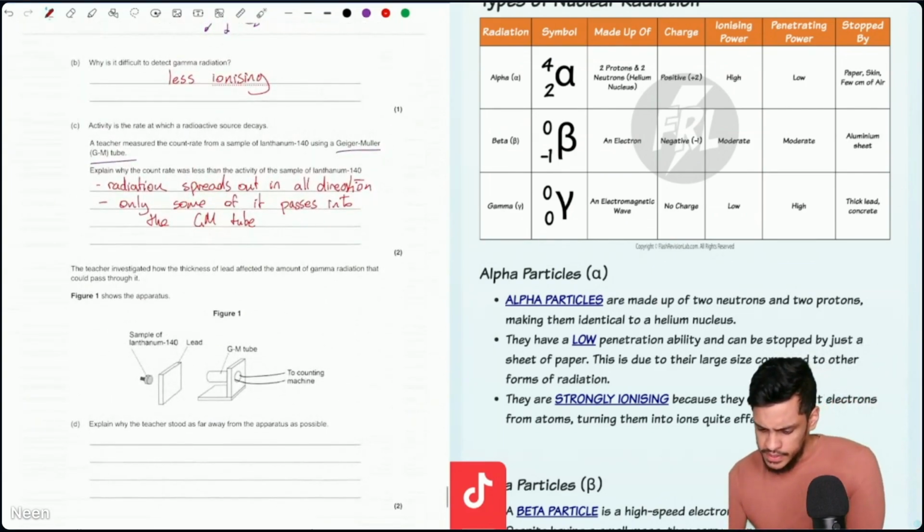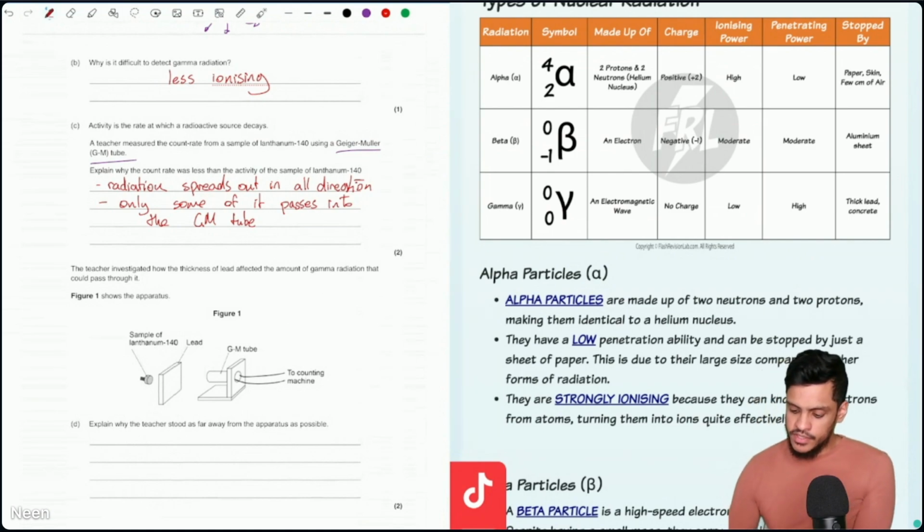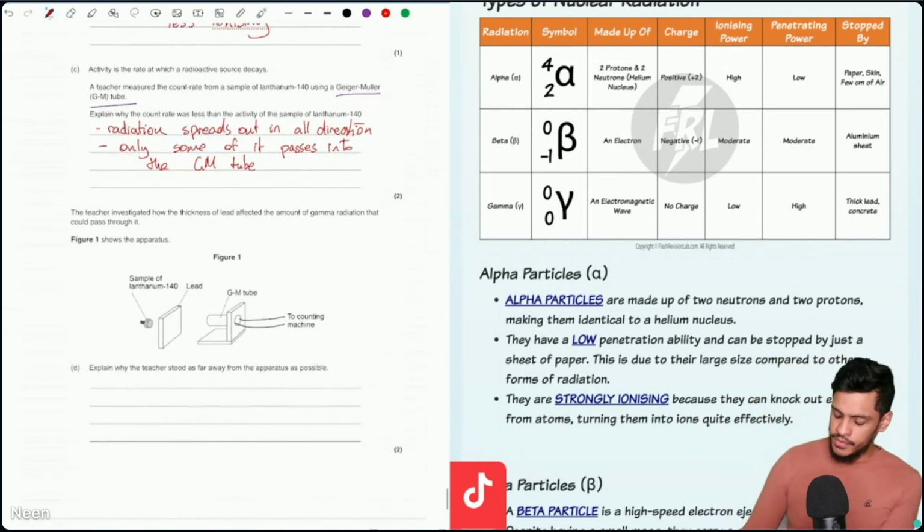The teacher investigated how the thickness of lead affected the amount of gamma radiation that could pass through it. Explain why the teacher stood as far away as possible from the apparatus. What do you guys think? You're dealing with this, this is radioactive.